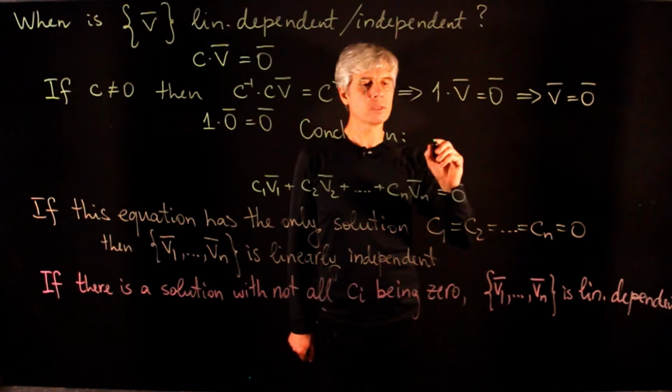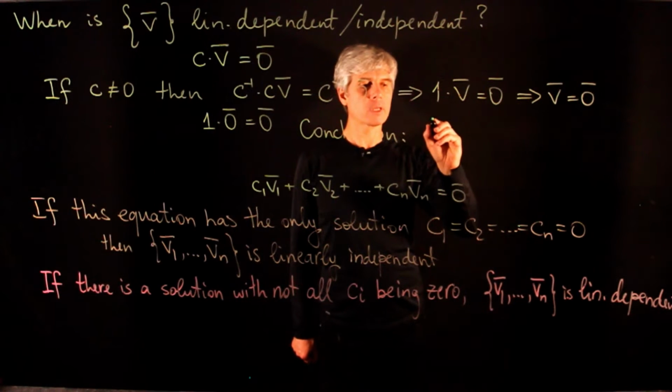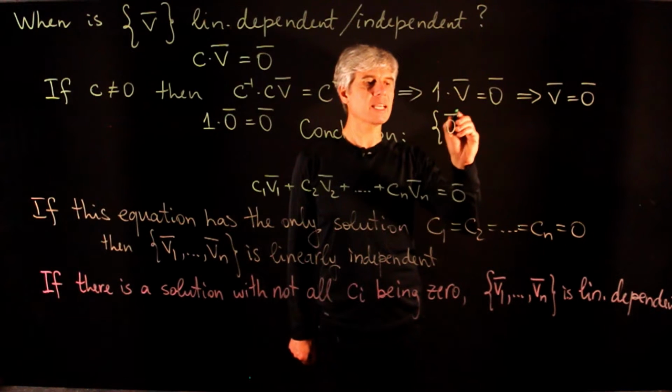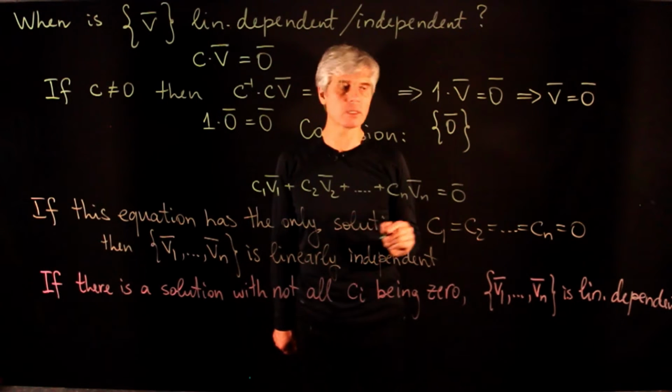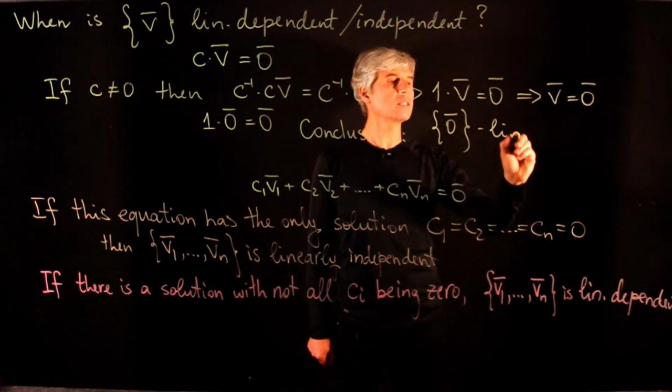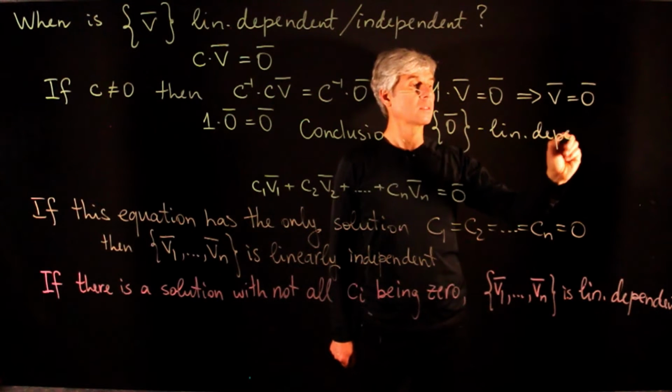If we take a set that consists of a 0 vector, then this set is linearly dependent.